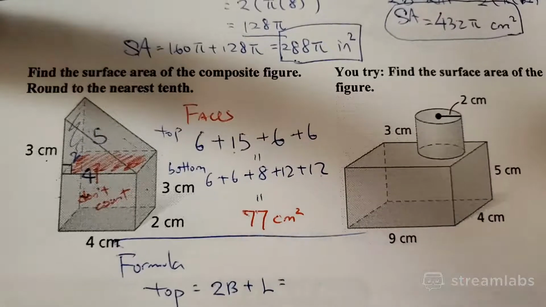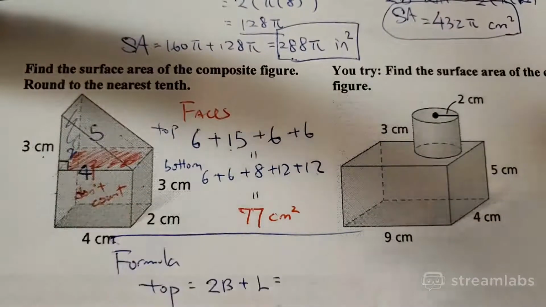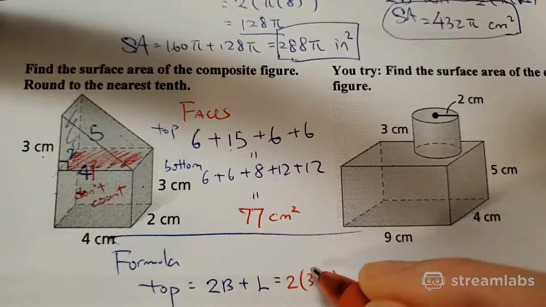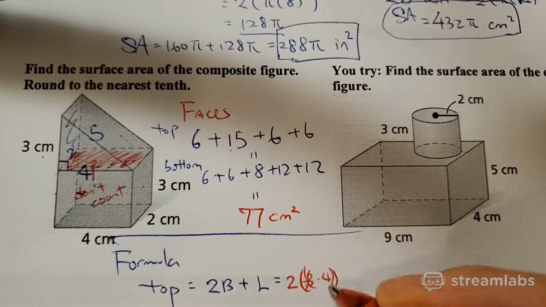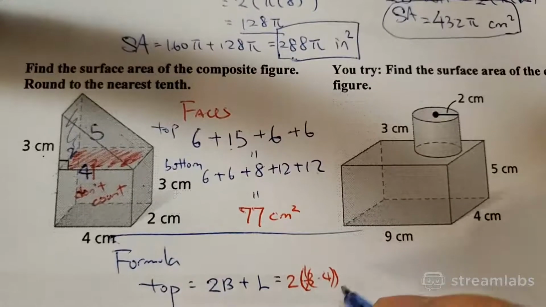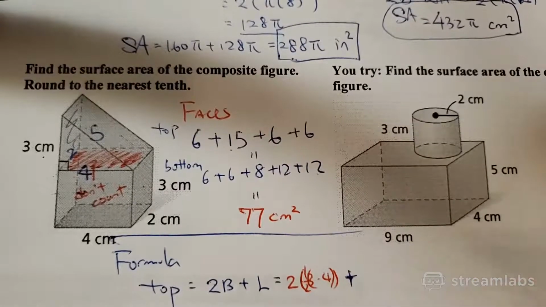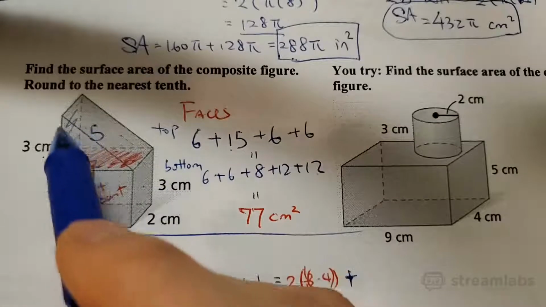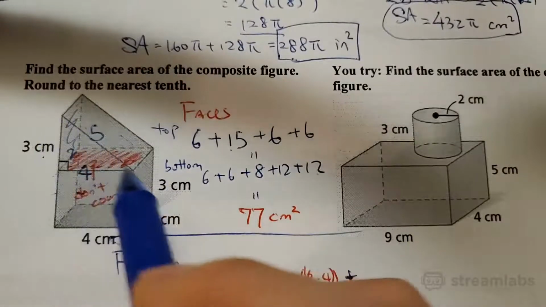which is going to be 2 base is going to be base times height. So 2 times 3 times 4 divided by 2. One half of that, right? So this will be 12 plus the lateral area, which usually is perimeter times height, right?